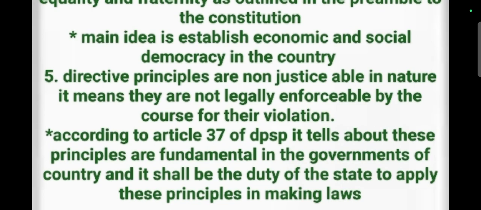On the basis of the right to equality, we are not able to move to the Supreme Court or a High Court to file petitions on such violation, because directive principles of state policy are non-justiciable. No justice will be given to a person if their directive principles were affected. So that's why DPSPs are non-justiciable in nature.